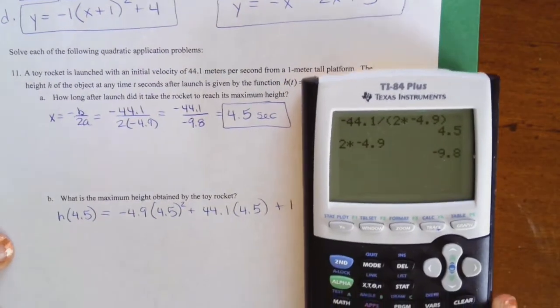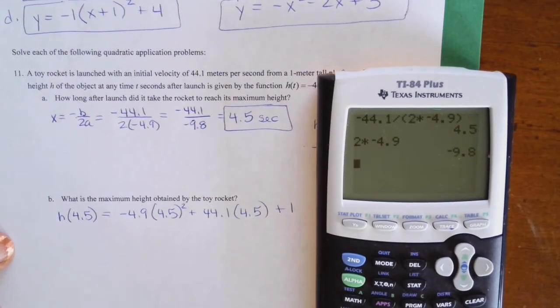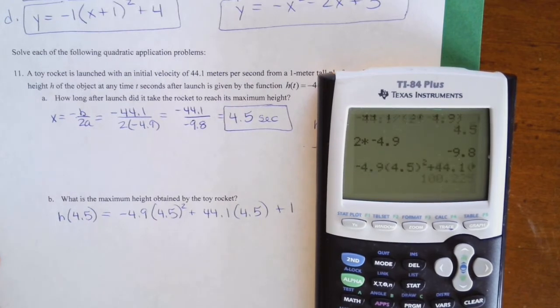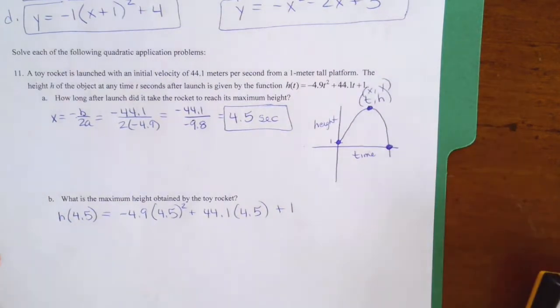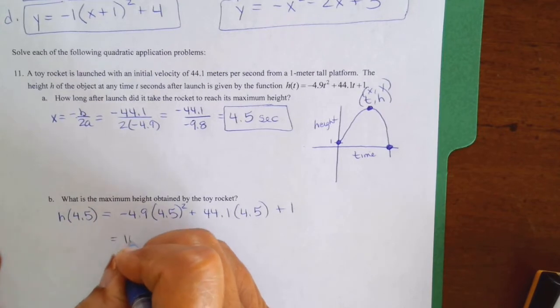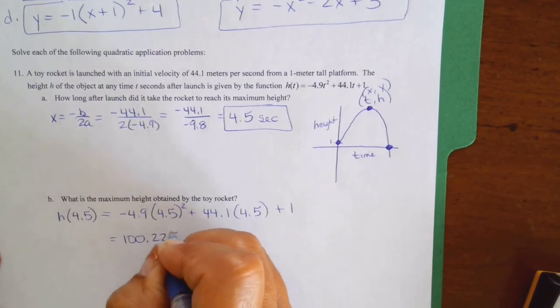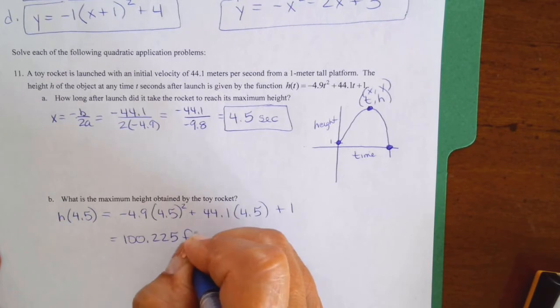So negative 4.9, parentheses, 4.5 squared, plus 44.1 times 4.5, plus 1. So exactly like it's written. So 100.225. And remember, this was in feet.